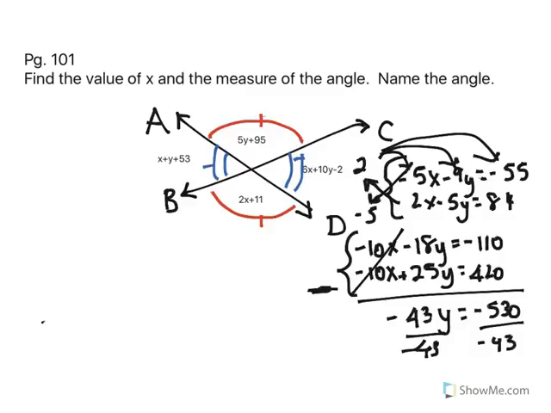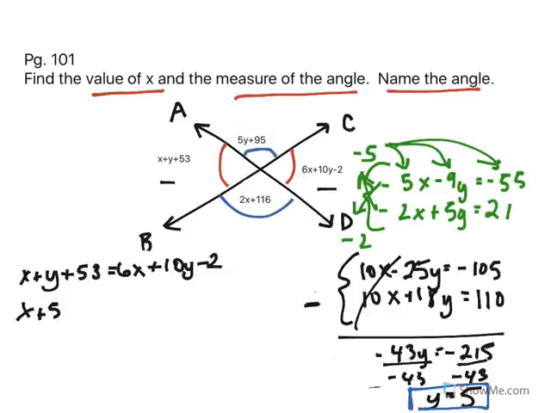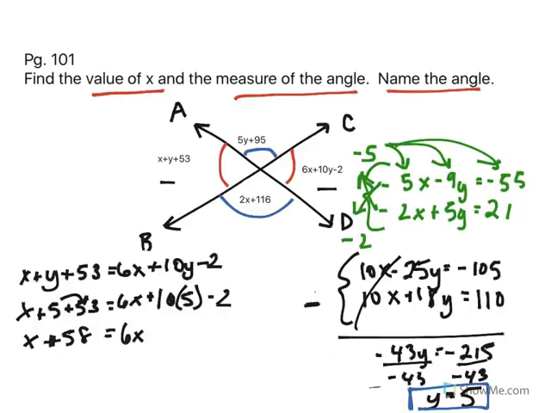All right, so y is 5, so we have x plus 5 plus 53 equals 6x plus 10y minus 2. Okay, so I have x plus 5 plus 53 is 58. x plus 58 equals 6x. 10 times 5 is 50. Minus 2 is 48. x plus 48.